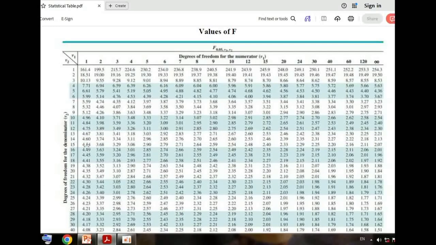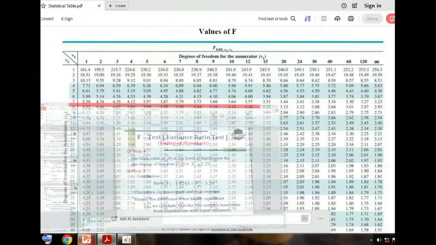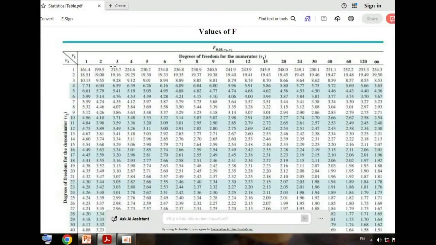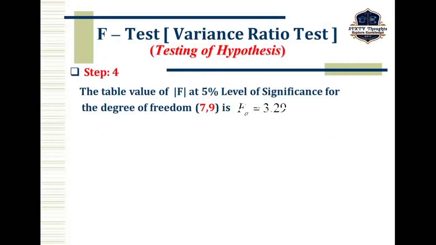Our problem has 7, 9, so for the numerator we consider 7 and for the denominator 9. The corresponding row and column for 7, 9 gives 3.29. Therefore, using the statistical table we get F alpha equal to 3.29.